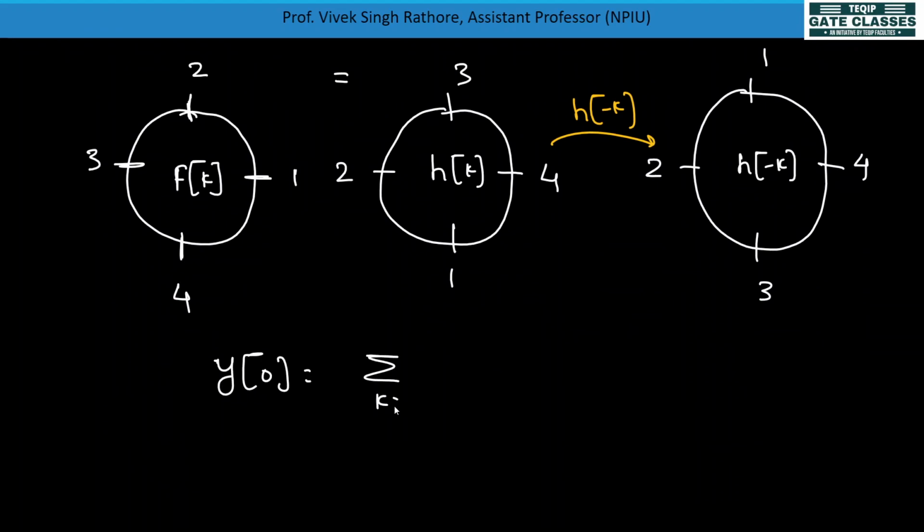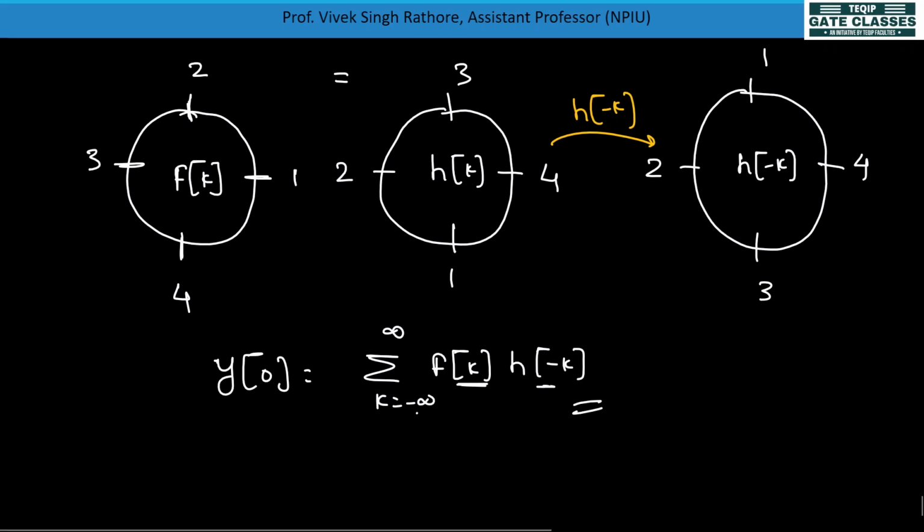Obviously, sum over k from minus infinity to infinity, f of k into h of n minus k. So 0 minus k is nothing but h of minus k. So ultimately you just need to multiply f of k into h of minus k with all values. The multiplication will happen with the same positions, top values with top values, this value with this value.